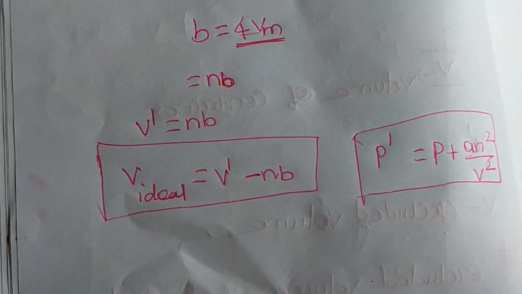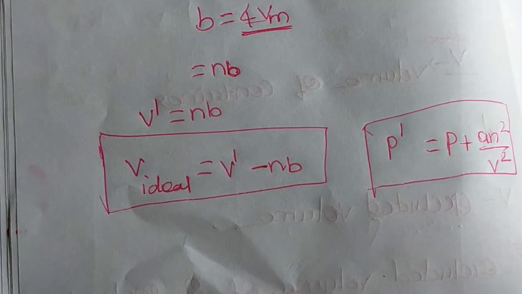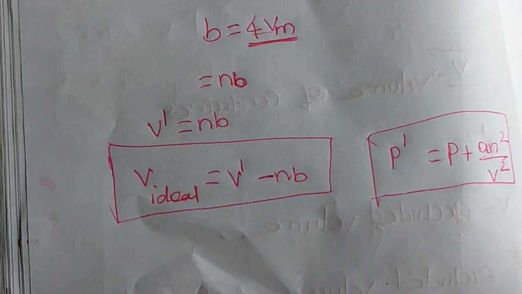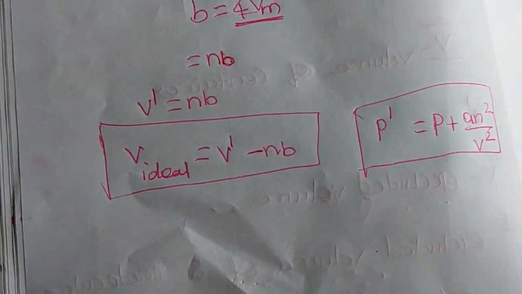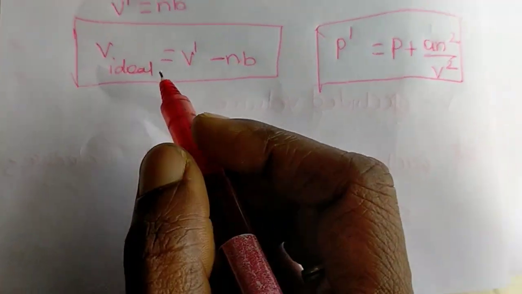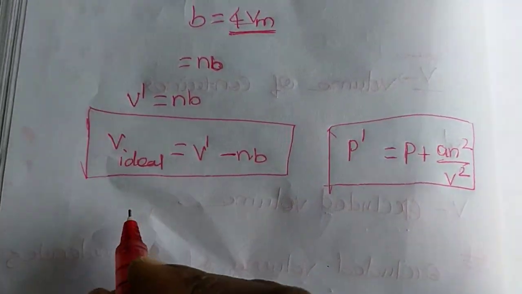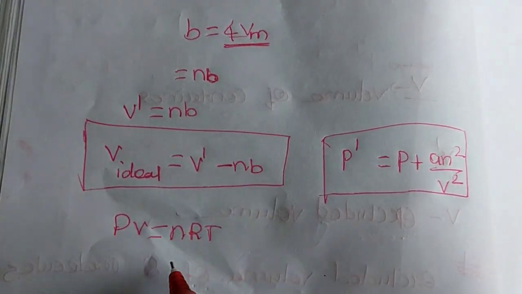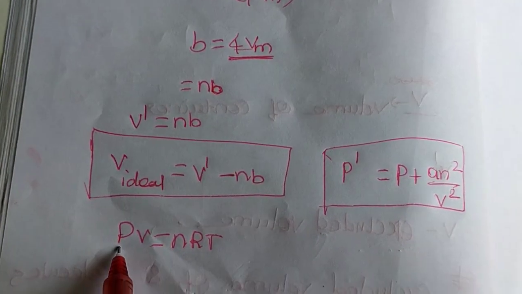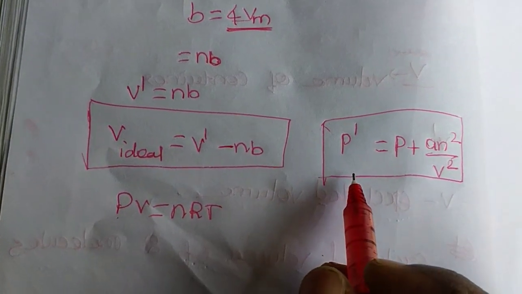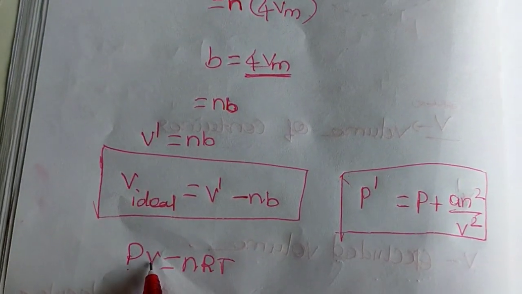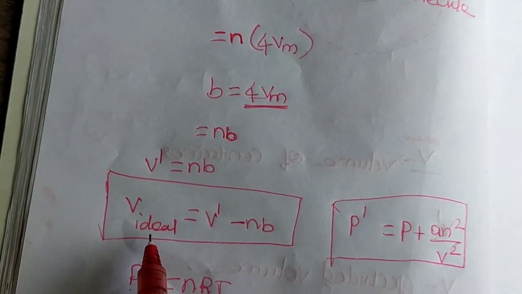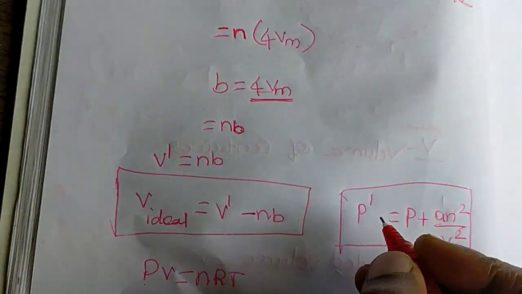That's why this ideal gas equation PV is equal to nRT became applicable for calculating the values for real gases too. Okay, so we can substitute these values of P and V in the place of P and V in the ideal gas equation, PV is equal to nRT. So in the place of P you have to substitute the value P dash, and in the place of V you have to substitute the value V ideal.